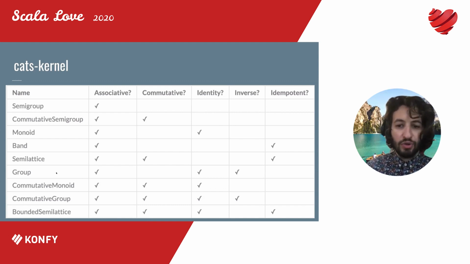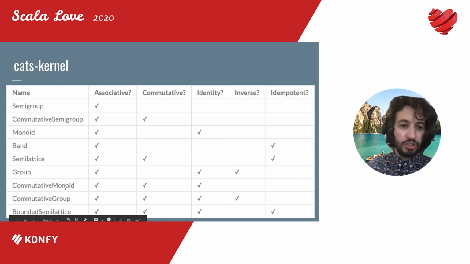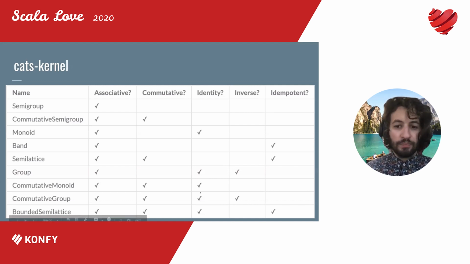Then we have group and commutative group and commutative monoid, which are just commutative forms of their structures. And then bounded semilattice is like a semilattice, but adds an identity. So that's the basic algebraic structures we learned.